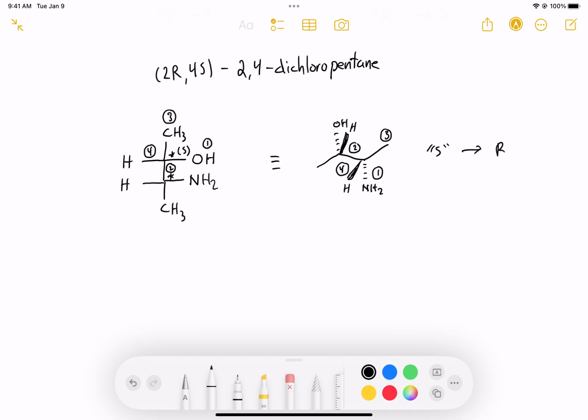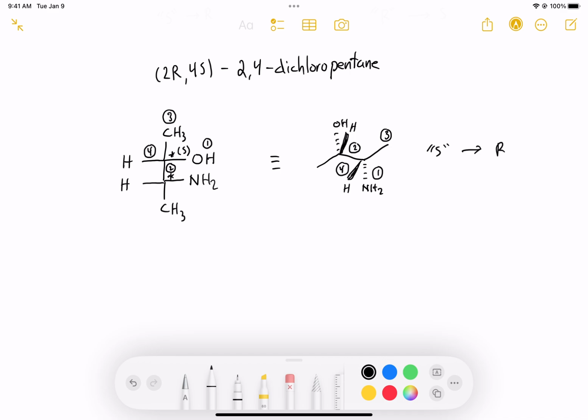Oh, maybe I drew it wrong. Yeah, maybe I drew it wrong actually. But no, that can't be right. Huh. Yeah, I think I drew it wrong.